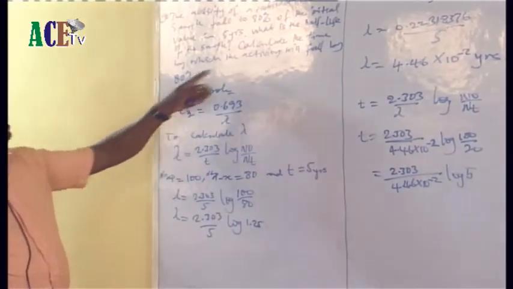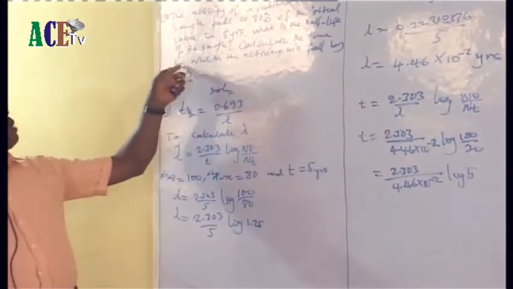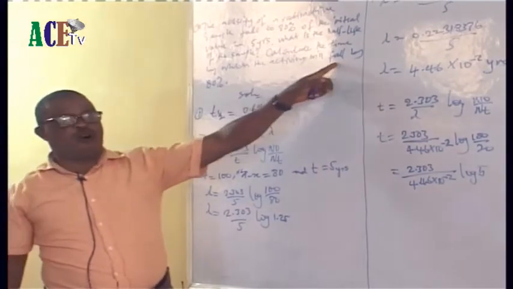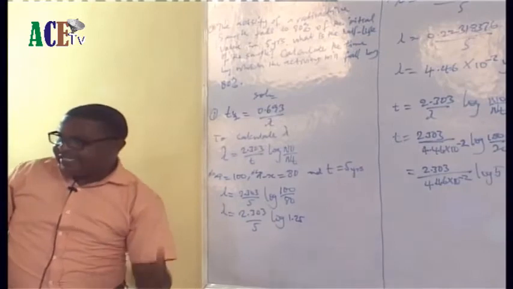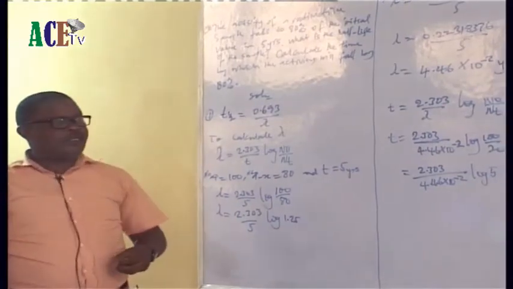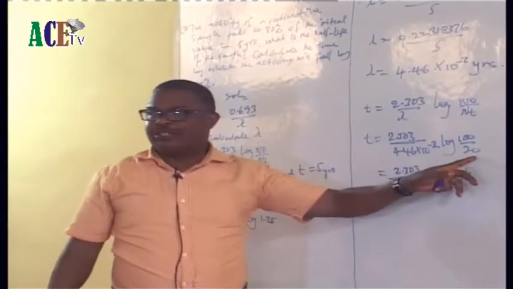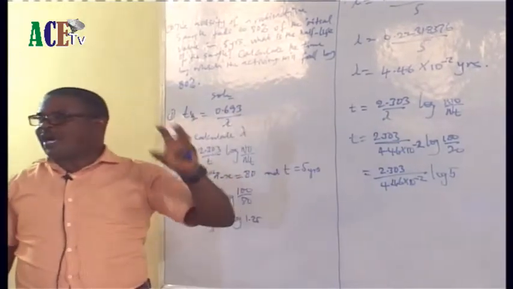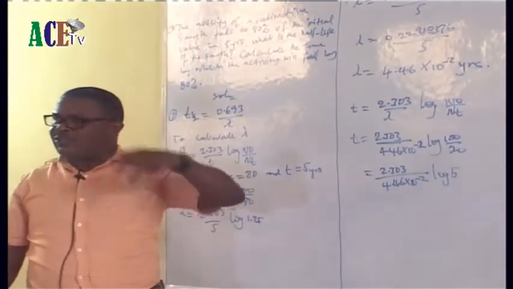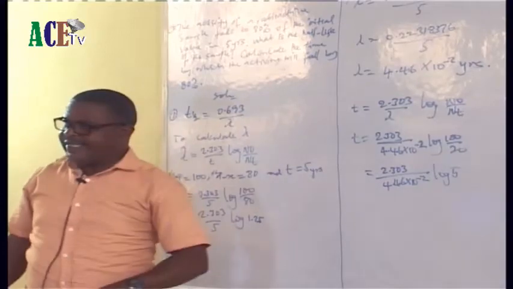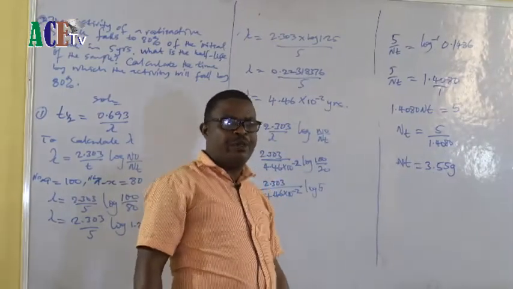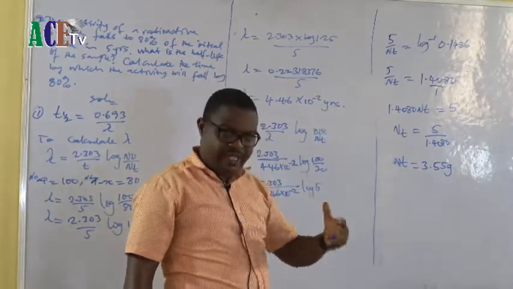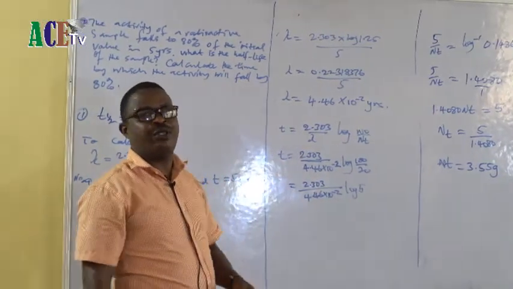According to the question, it says calculate the time by which the activity will fall by 80%. It will fall by 80, so it means the gram that will remain is going to be 100 minus 80, which is going to be 20.